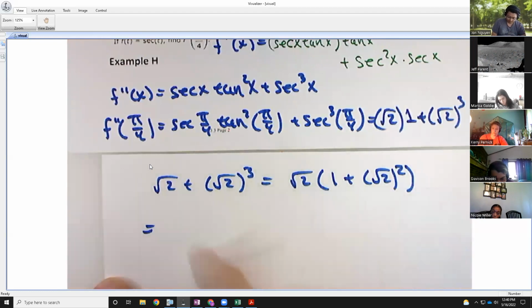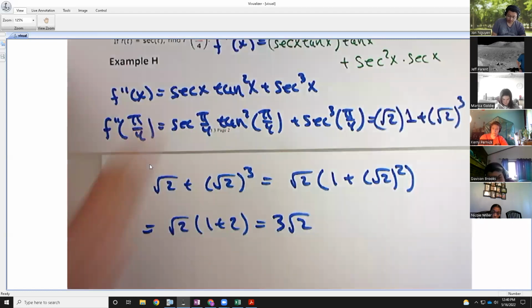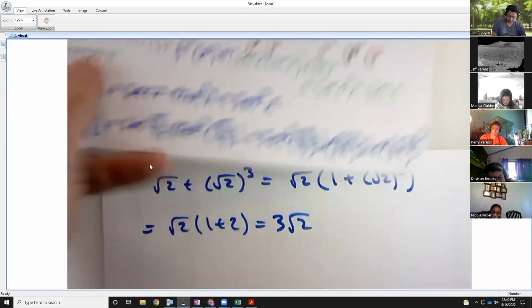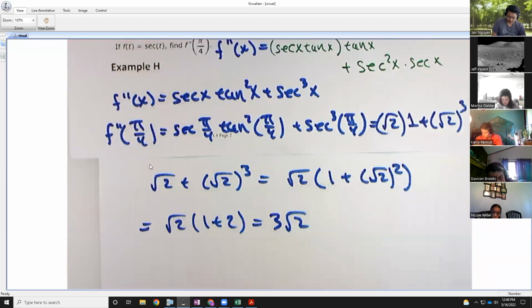What happens to the square root of 2 squared? So this is really 3 times the square root of 2. That would be your final answer there. Like I said, I'm not going to go overboard on you in terms of knowing all this stuff, but I hope that you do remember some of your trig values, or can at least get them off your calculator.